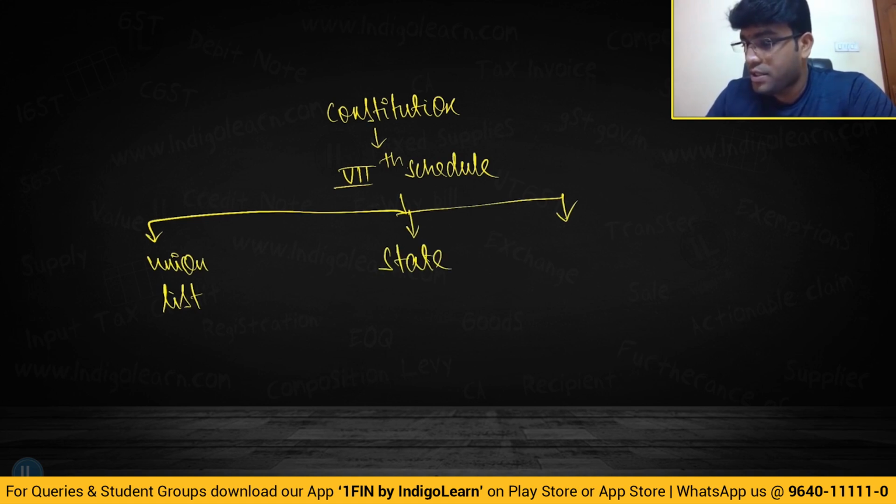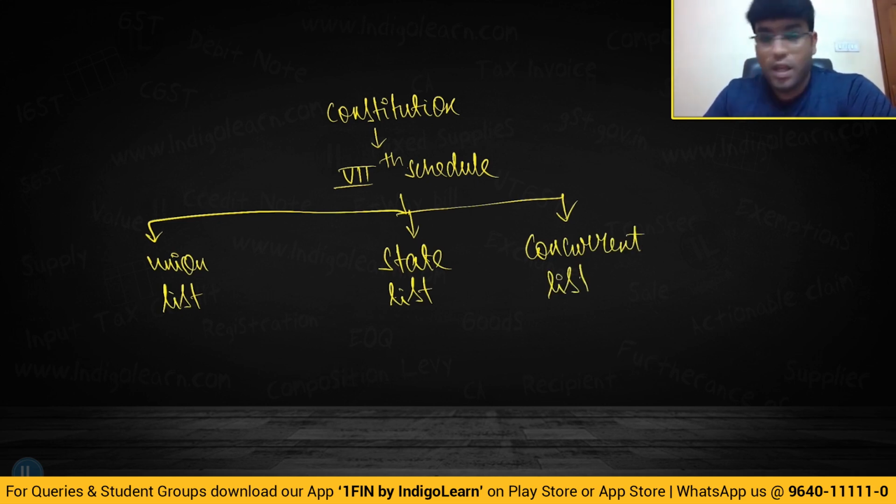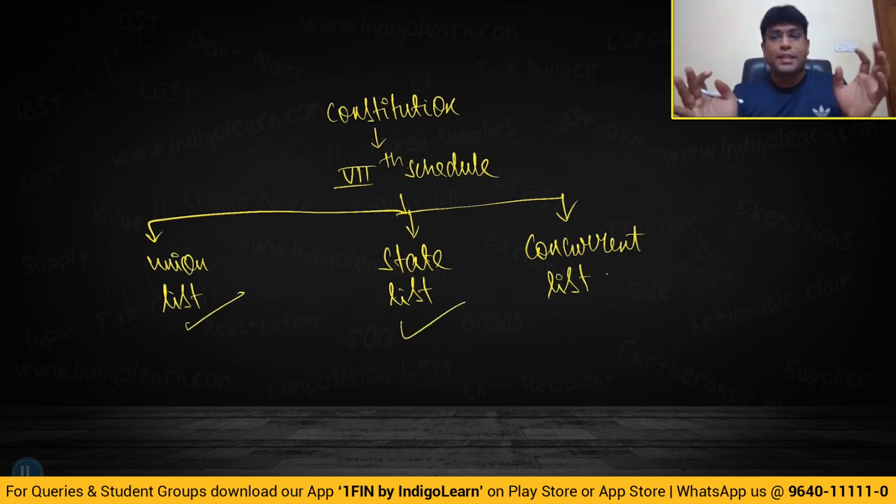Second one is called the state list. Third one is called the concurrent list. Union list contains those matters on which the central government has got power to charge. State list contains those matters on which the state government has got power. Concurrent list contains those items on which the central and state together will take a particular decision.